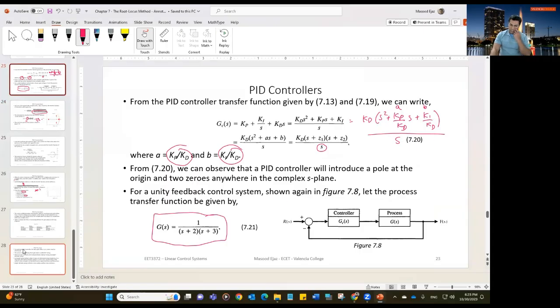So all three gains can be calculated from the value of KD, since you already know the values of A and B in the quadratic equation.